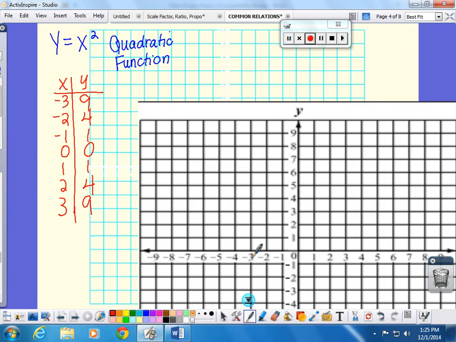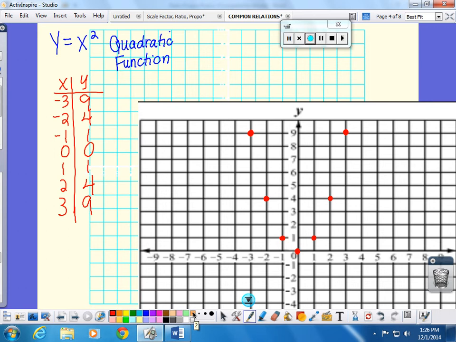All right, negative 3, 9. Negative 2, 4. Negative 1, 1. 0, 0. 1, 1. 2, 4. And 3, 9. Now this is not a line. It's a curve.